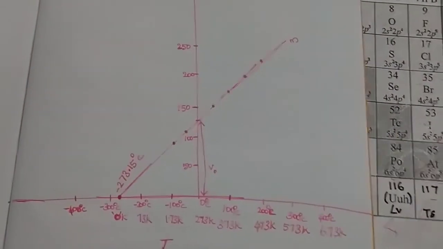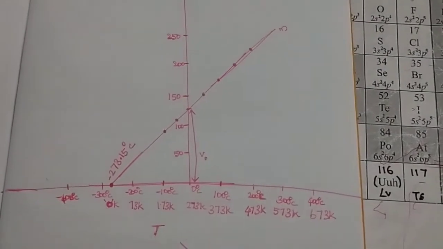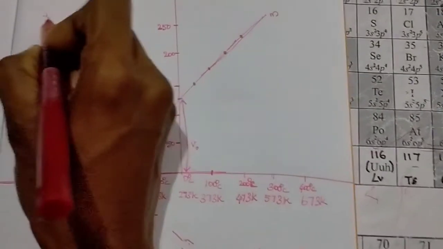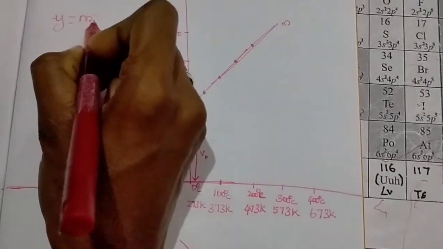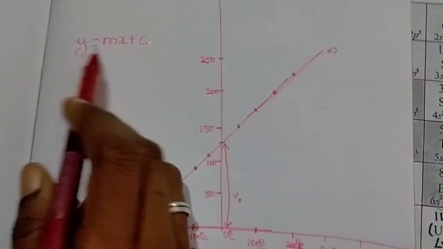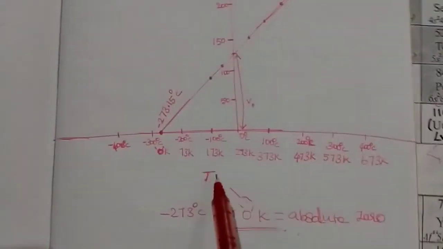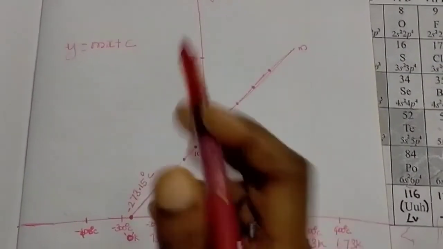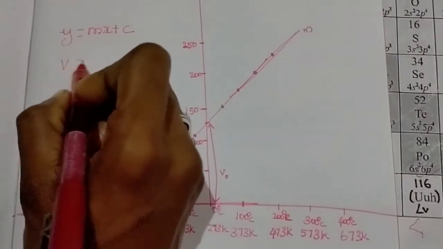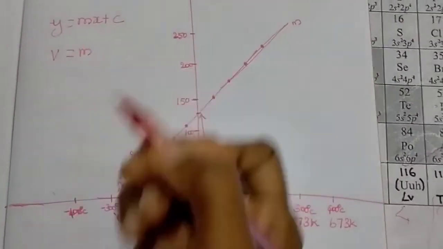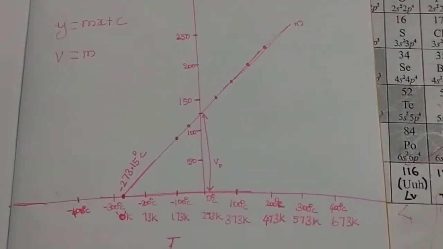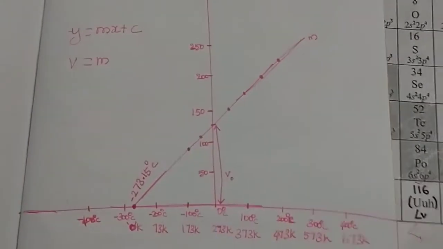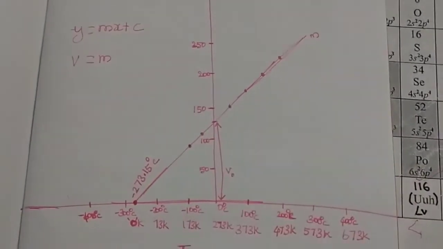This graph is plotted by the equation y is equal to mx plus c. Which one is on the y-axis? It is V. So V is equal to m, where m is the slope of the straight line.